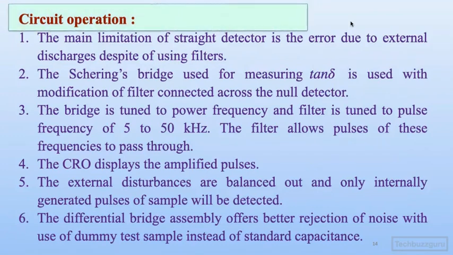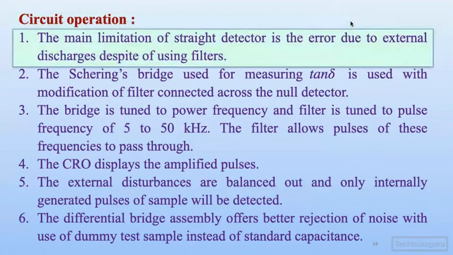Let us go through the circuit operation. The primary limitation of the straight detector is error due to external discharges despite using filters. Filters are used, but because of external discharges there are limitations.